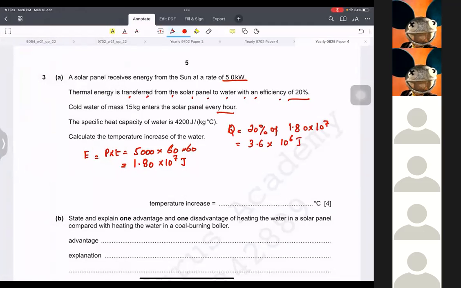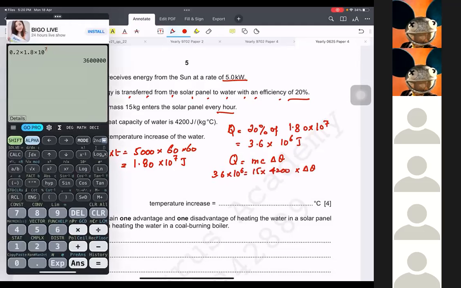Now what you do? Q equals mc delta theta. Q is 3.6 times 10 raised to 6, mass is 15, heat capacity is 4,200. So we divide it by 15 and by 4,200. So delta theta will be 57 degrees. So that should be the change, my friends.